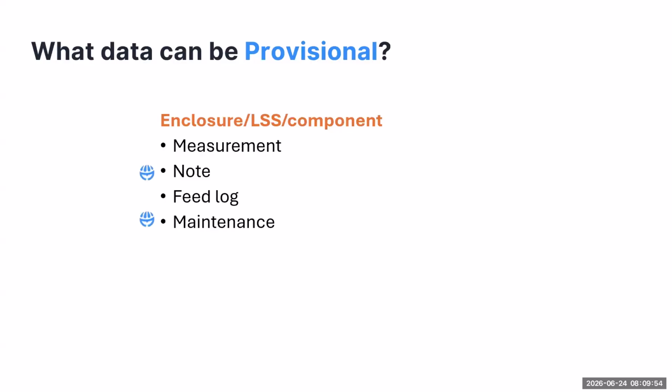And currently, maintenance and enclosure notes can be added through the mobile entry workflow. And we're hoping that measurements such as your water parameters or your temperatures and humidities will be available soon in the mobile data entry workflow.